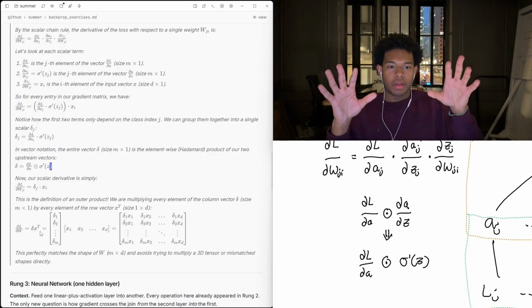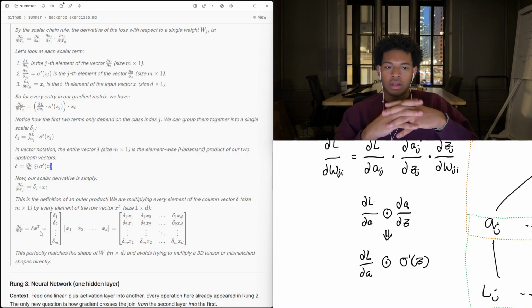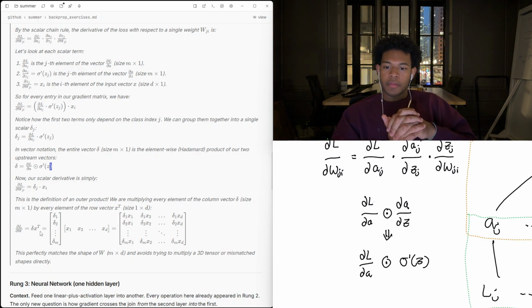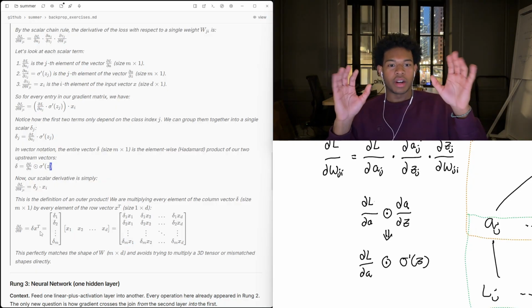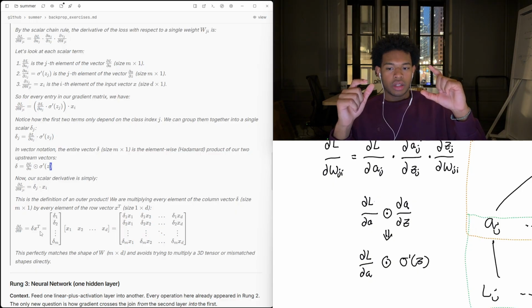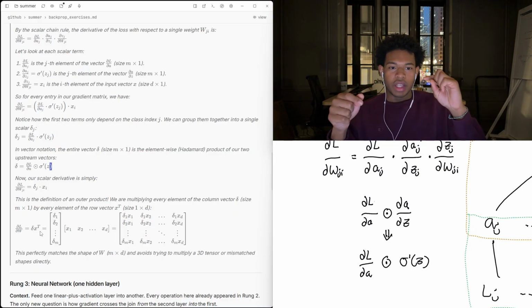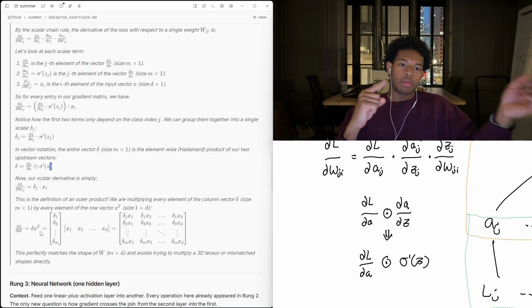That's the gap in the deep understanding for me. On the scalar level, I can operate and understand what's going on. But I'm not so fluent in linear algebra that I would think, oh, take the outer product.